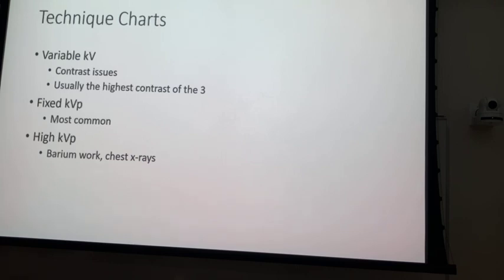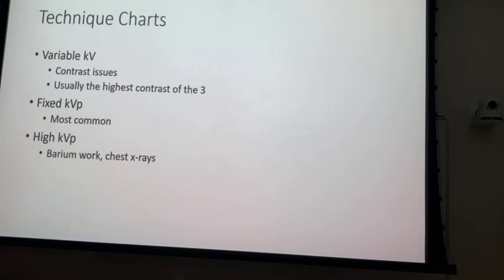Fixed KVP is more common as what we use. So you use an adequate KVP and then you adjust your mass, right? So for a hyposthenic patient for a KUB, you probably have a baseline KVP of maybe 80 to 85 KVP, and then mainly what you adjust is your mass for patient size.